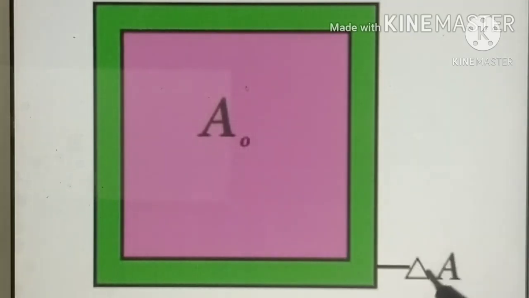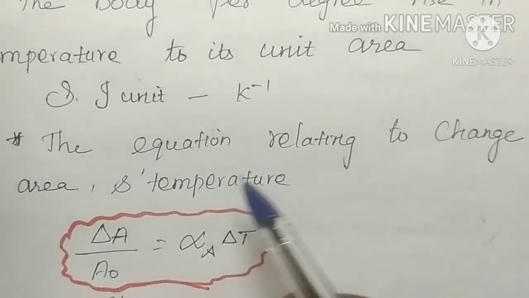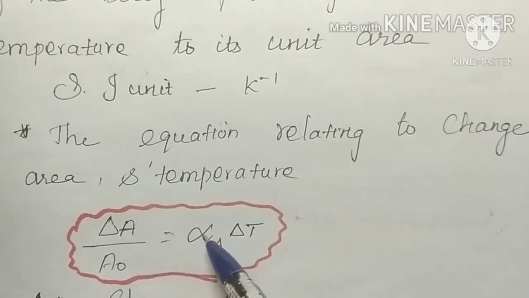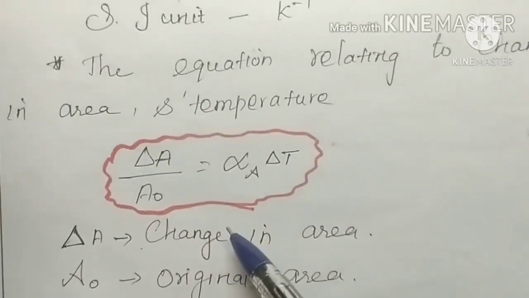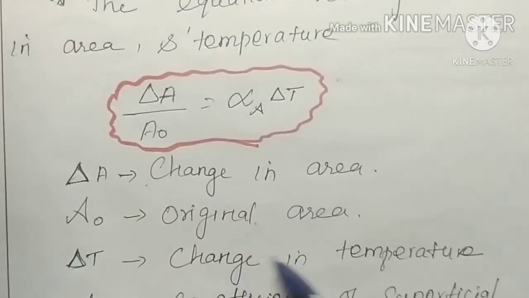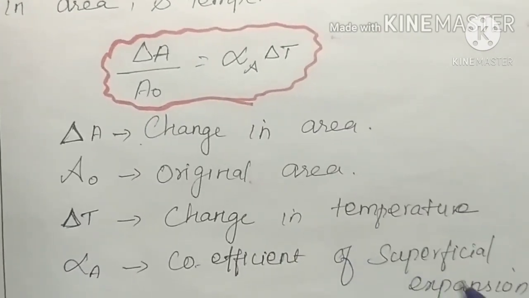The equation relating change in area and change in temperature is delta A by A0 equal to alpha A into delta T. Here delta A denotes the change in area, A0 the original area, alpha A the coefficient of superficial expansion, and delta T the change in temperature.